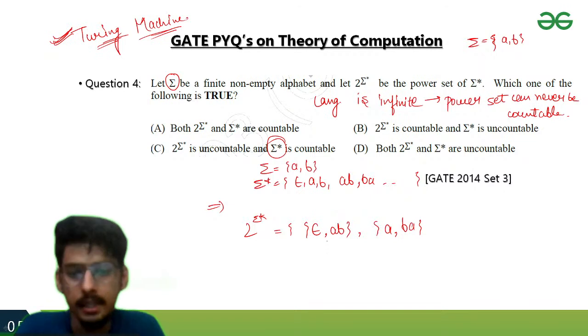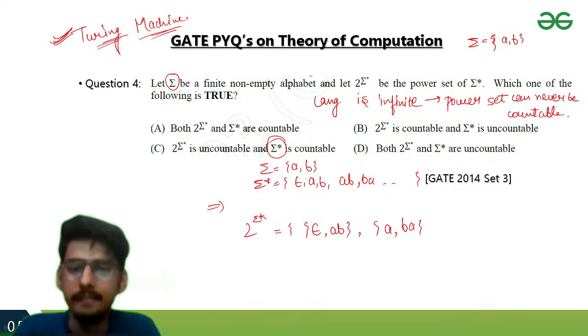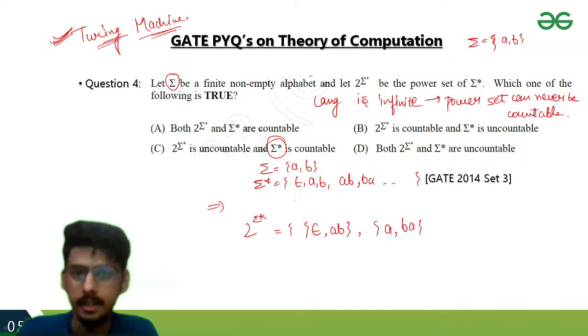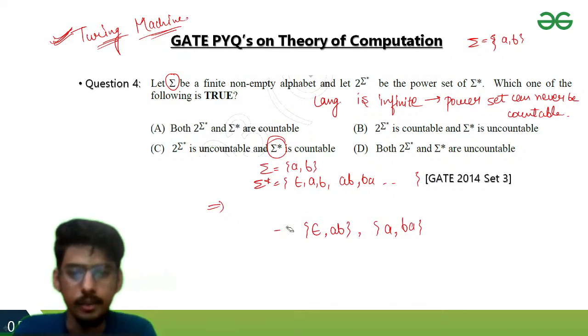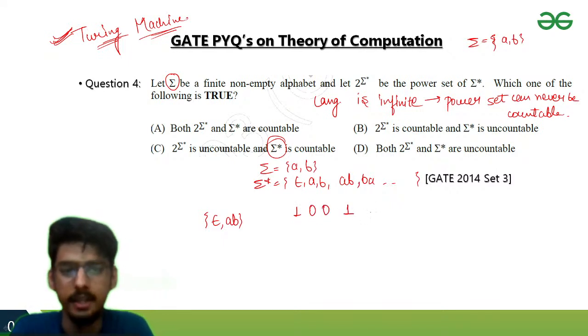Every set in this power set, I can represent as a binary string. How? If I take an element, I consider it as 1, and if I do not take it, I consider it as 0. Let's suppose I choose epsilon and AB. Then epsilon will be 1, A will be 0, B will be 0, AB will be 1, BA will be 0, and everything after that will be 0.